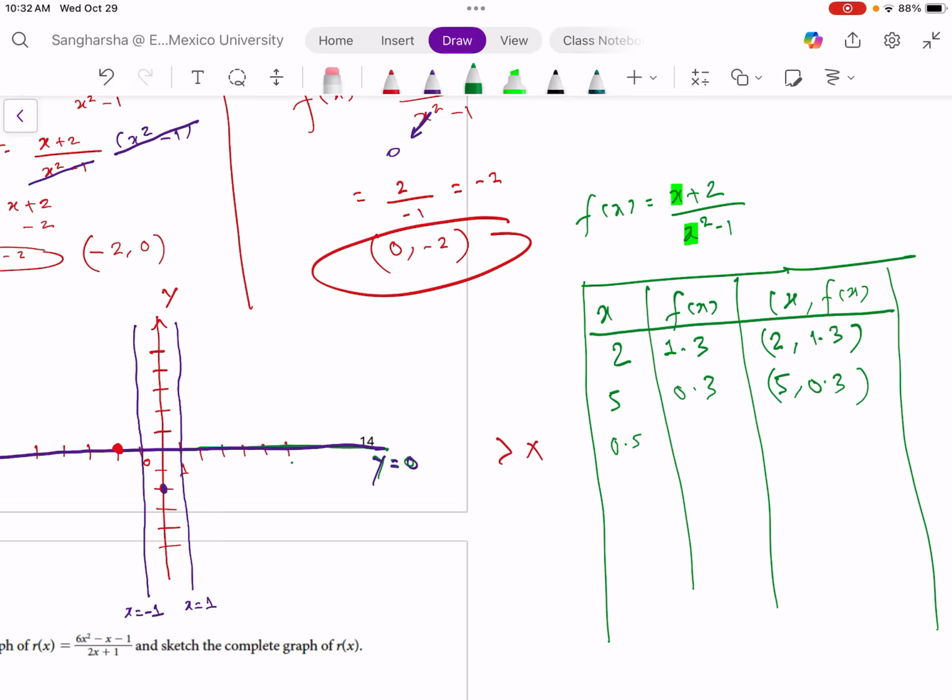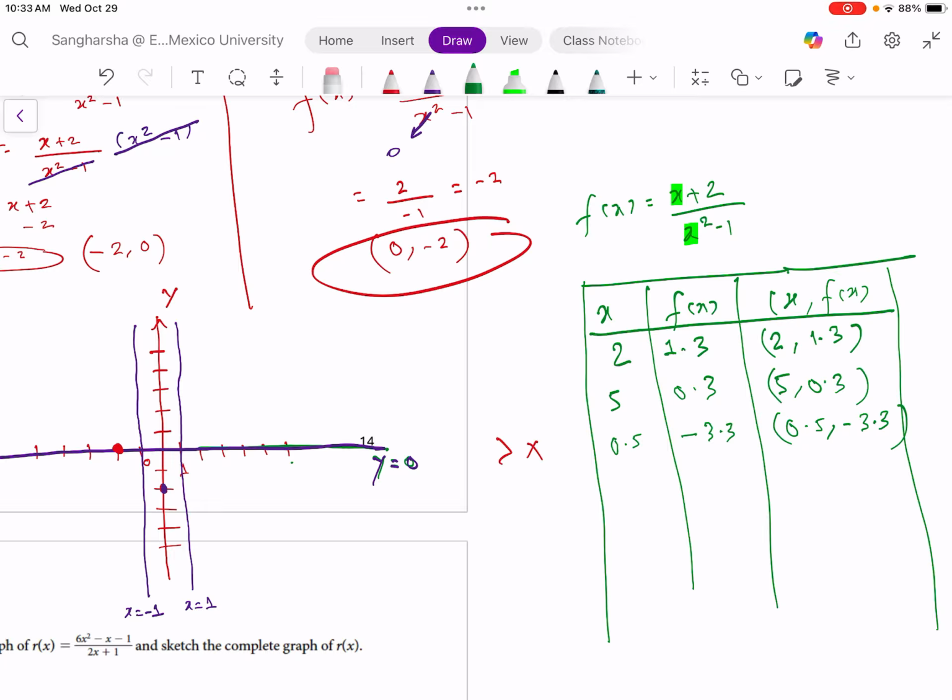So 2.5 divided by negative 0.75 is going to be a negative number. So you just replace x by 0.5. We get negative 3.3. So the next point is (0.5, negative 3.3).